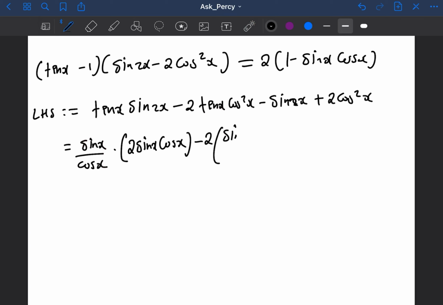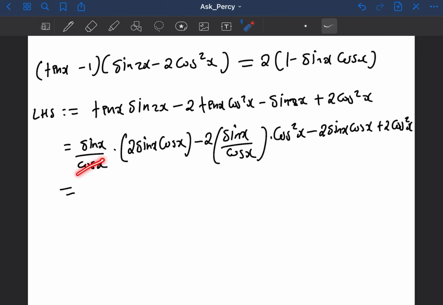So this is going to be sine x over cos x times cos squared x minus, again, sine 2x is 2 sine x cos x plus 2 cos squared x. Right, and from here, see that cos x and cos x will cancel, so you'll be left with 2 sine x, and here cos x and cos squared x will cancel, so cos squared x over cos x is cos x.